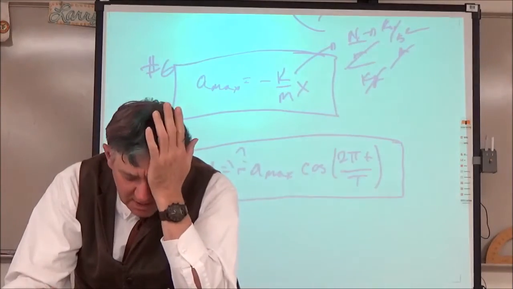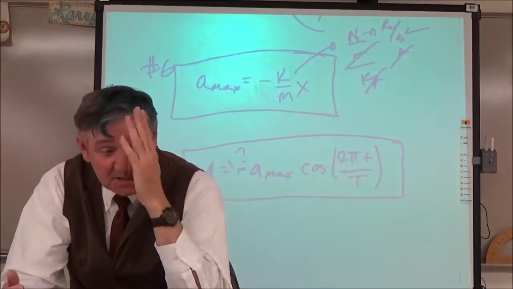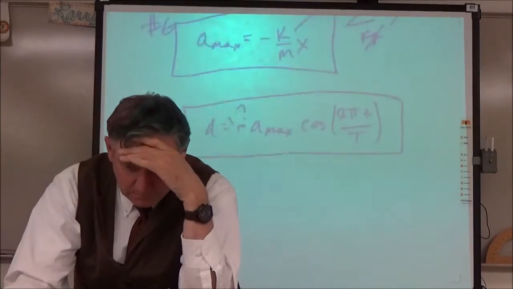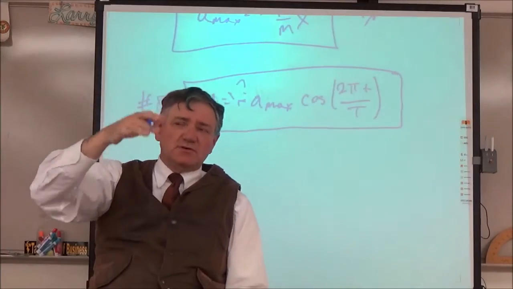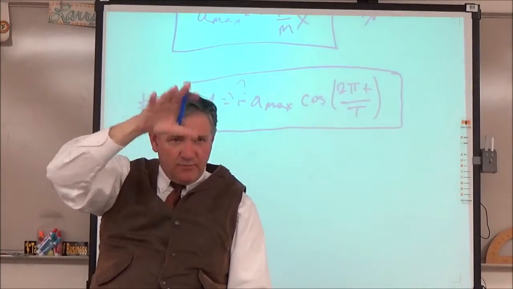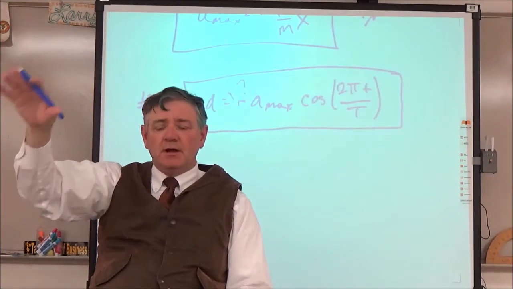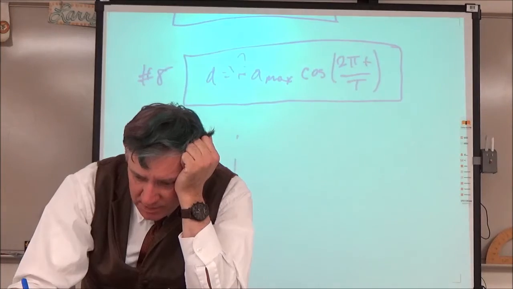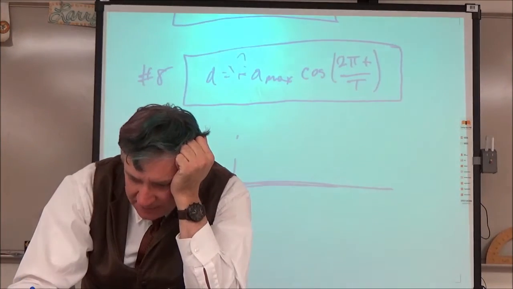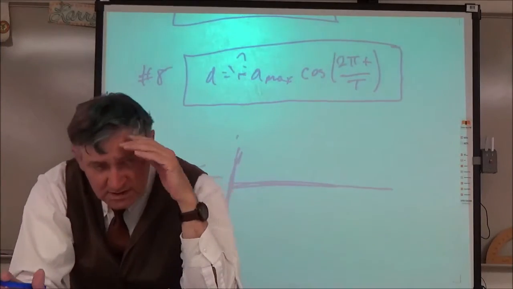So when you get to number 8, this is a situation where you have an equation, but you have to look at it in terms of the physical reality of what's taking place in terms of how you've defined your system. When you look at your acceleration time graph, at time 0, where's that acceleration?